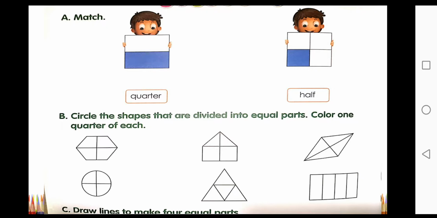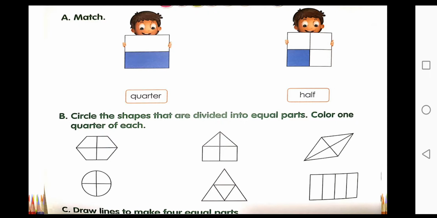Now, match. Can you see? Here in the first picture, we have a boy, and he is holding a shape, and this shape is divided into how many parts? 1, 2.